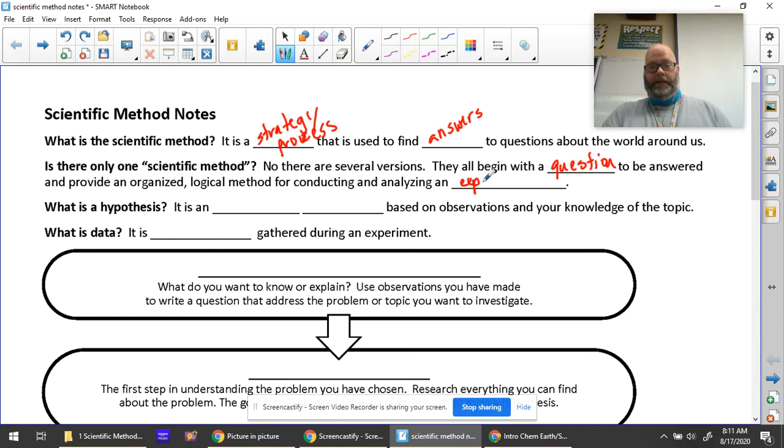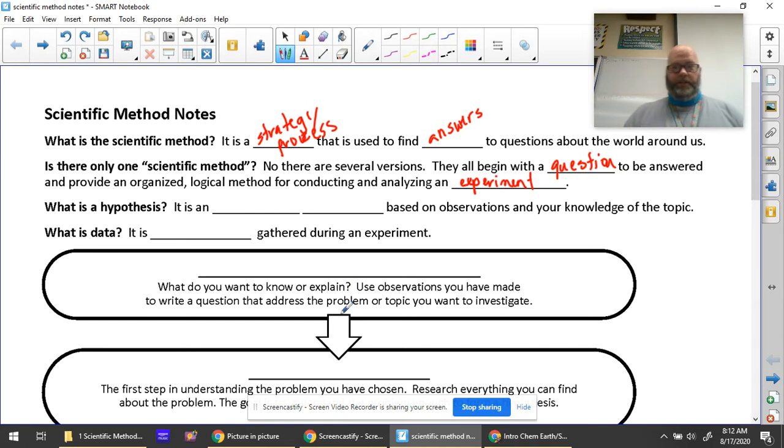And the key to analyzing and working on that experiment is that you want to set it up and analyze it in such a way that you're only testing one thing at a time. All other factors, all of the things that could affect the outcome of looking at that one thing at a time, that's what you're trying to get rid of in an experiment. You're trying to make everything consistent enough that you're only testing one thing at a time.